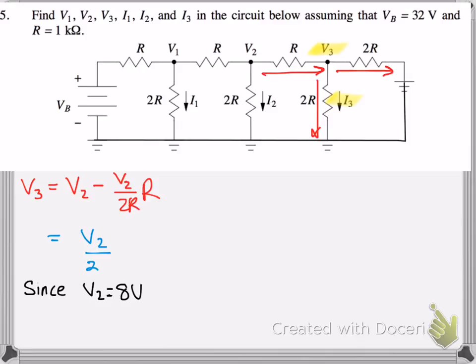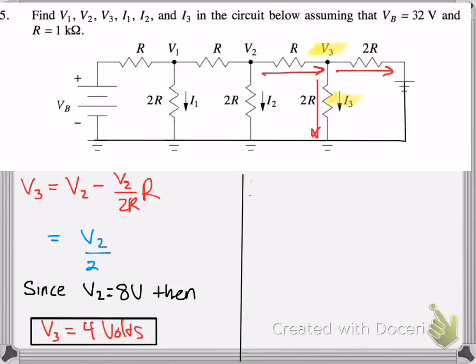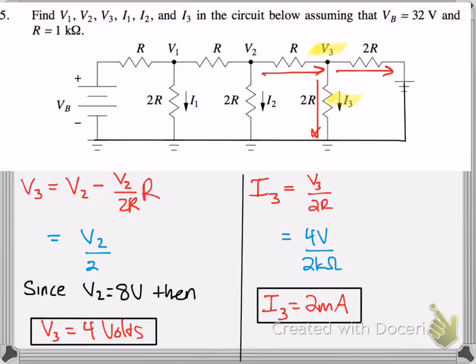We know V2 is equal to 8, so then V3 would be 4 volts. Then solving for current, we got I3. We got V3 over 2R, so we know the voltage at V3, and the resistance through this resistor is 2 kilo ohms. So we got 4 volts over 2 kilo ohms, and then I3 is 2 milliamps.